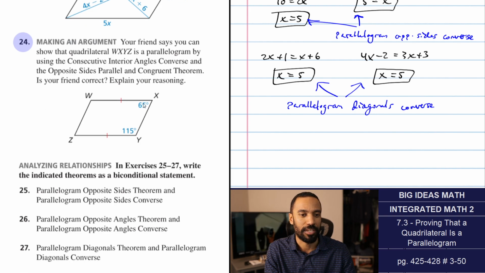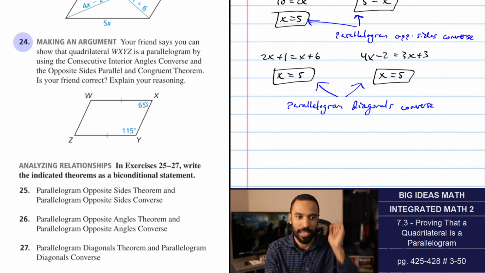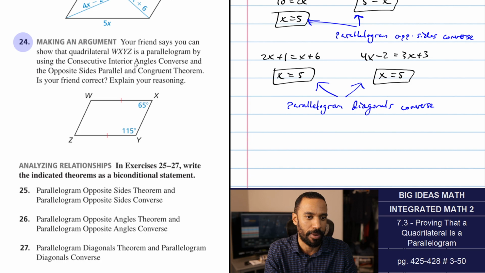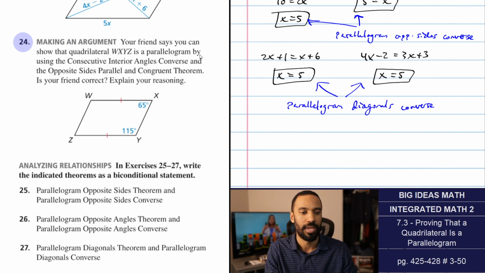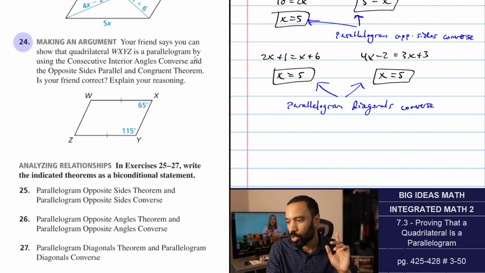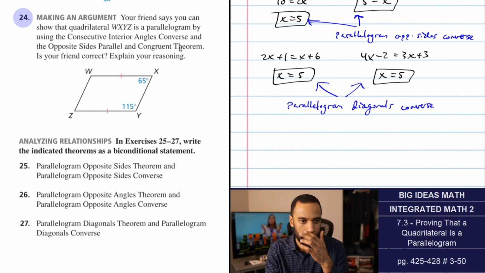All right, making an argument. Your friend says you can show the quadrilateral WXYZ is a parallelogram by using the consecutive interior angles converse and the opposite sides parallel congruent theorem. Is your friend correct? Explain your reasoning. So this brings me a little halfway to my argument. I was thinking you could, they called them consecutive interior angles. That makes sense for the theorem.